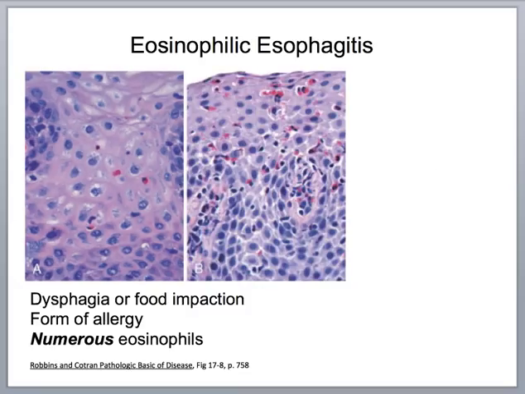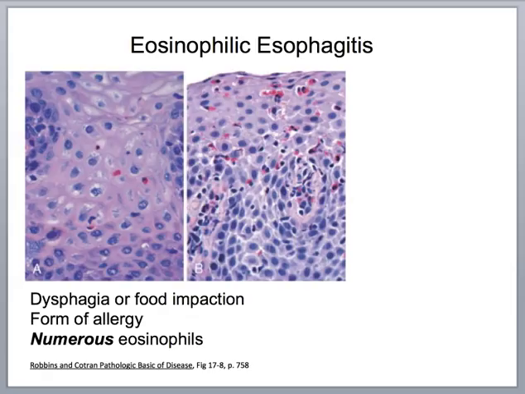Now, as the name suggests, the majority of individuals with eosinophilic esophagitis are atopic. So this is another form of type 1 hypersensitivity or allergy. Histologically, the disease is identified by numerous eosinophils, sometimes forming microabscesses within the squamous epithelium.